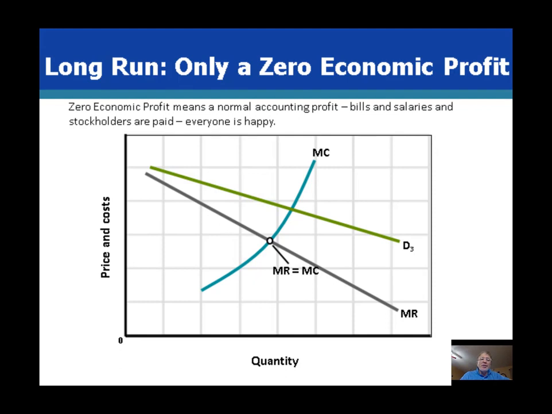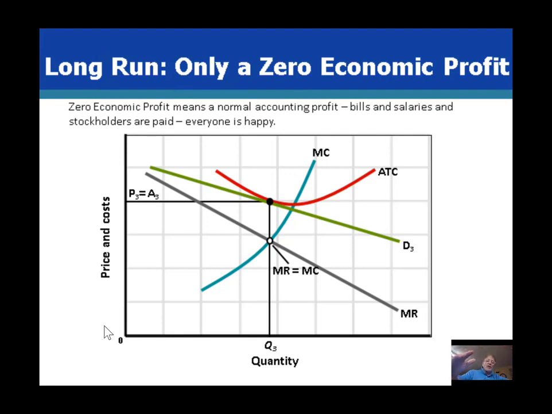Now let's analyze what happens in the long run where there's only a zero economic profit. And a zero economic profit means a normal accounting profit. Bills and salaries and stockholders are being paid. Everyone is happy. Drawn the average total cost curve, it touches the demand curve at the long run equilibrium point, where the price that consumers are paying is exactly equal to the cost that it takes to get that hoodie out the door.